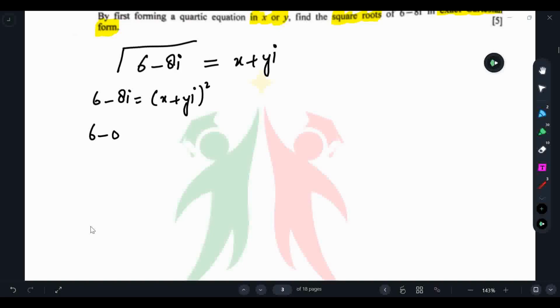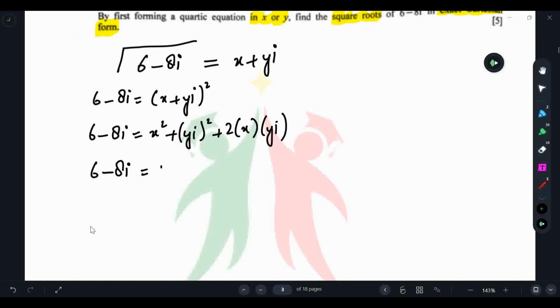Now (a plus b) square is a square plus b square plus 2ab. So this will be 6 minus 8i is equals to x square plus y square i square plus 2xyi.